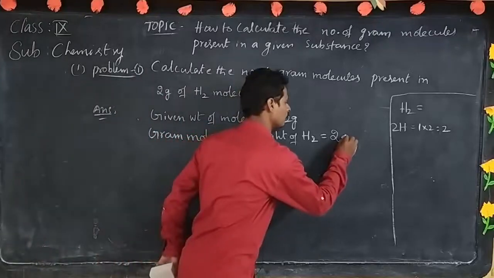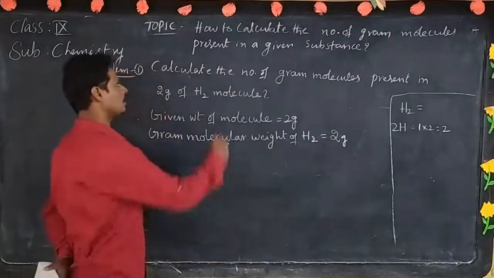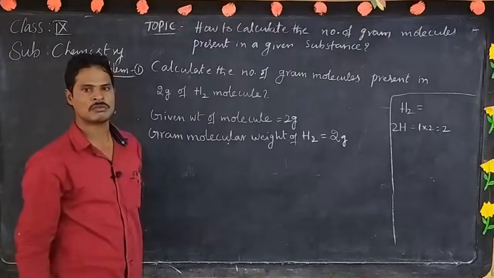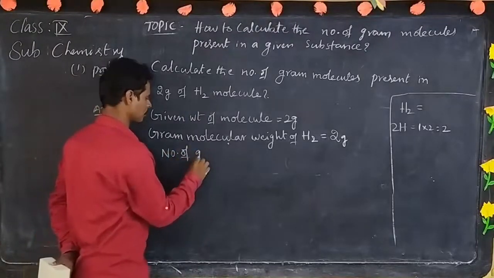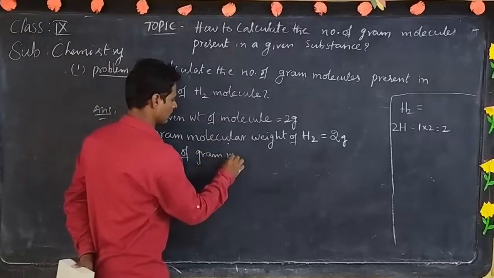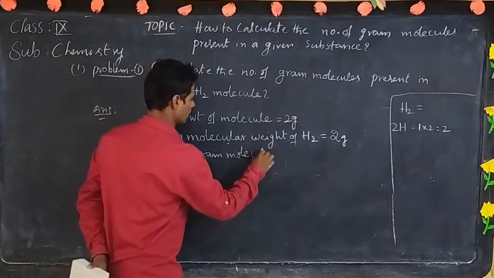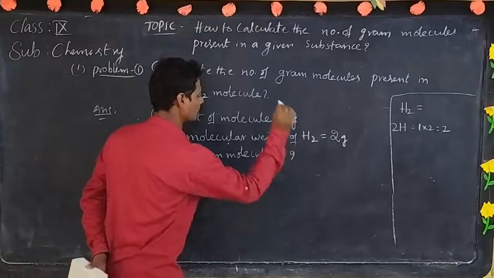So that's why you should write g. Now which one you have to calculate? Number of gram molecules equal to question mark.